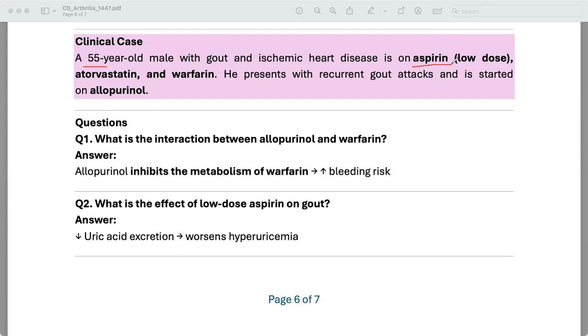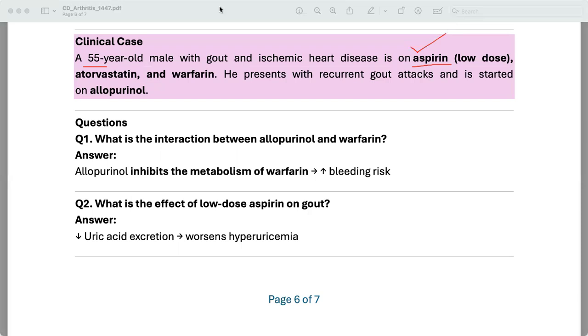Low dose aspirin is recommended in patients with cardiovascular disorder because it acts as an antiplatelet.